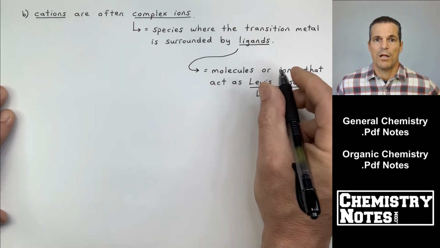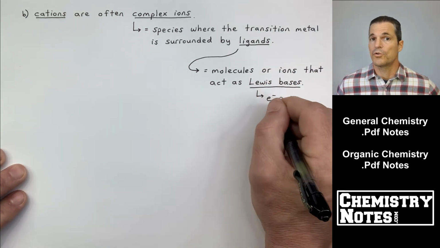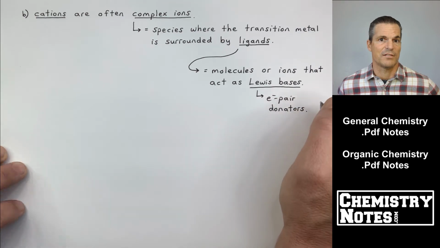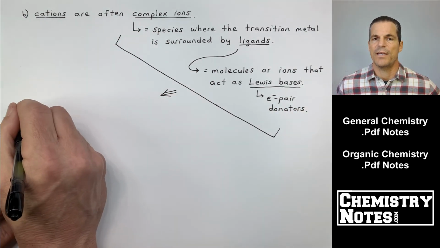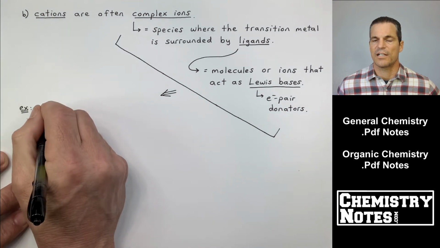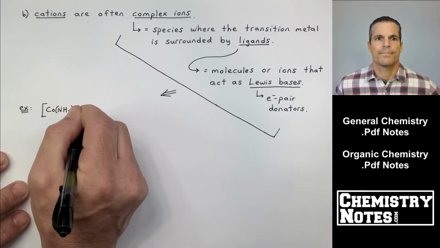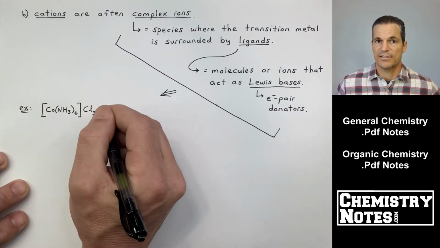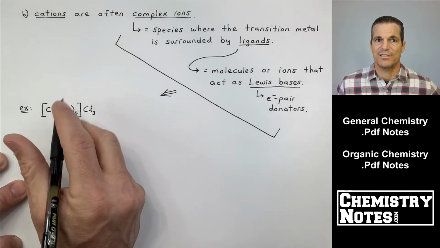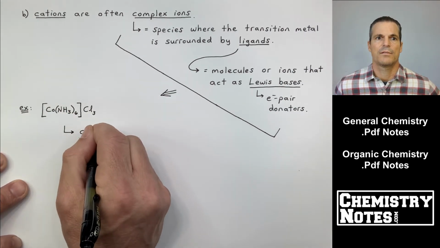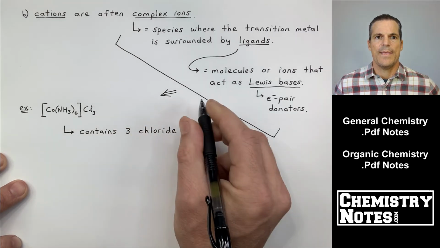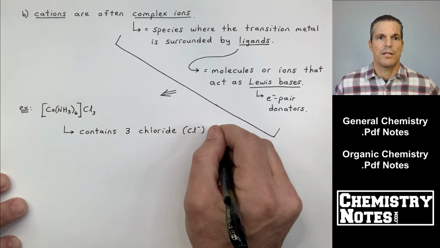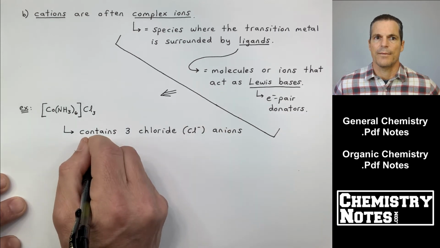Ligands are molecules, so they're neutral molecules or charged ions, that act as Lewis bases. And Lewis bases are just electron pair donors. Now here is a funny looking sketch I've just drawn as an example. This is a typical coordination compound. You see I've got bracket Co(NH3)6, and on the outside, Cl3.